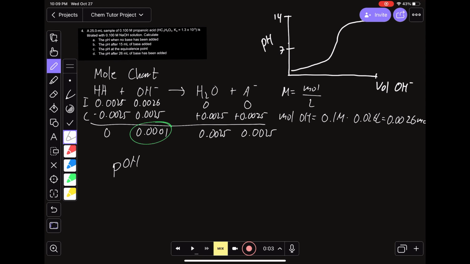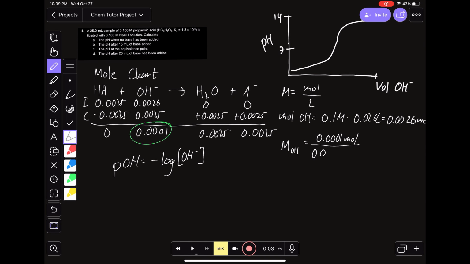We calculate the pOH from the negative log of OH concentration. We have to calculate that. Remember, molarity of OH should be 0.0001 mole, but the volume will be the total volume of the base added plus the initial volume.